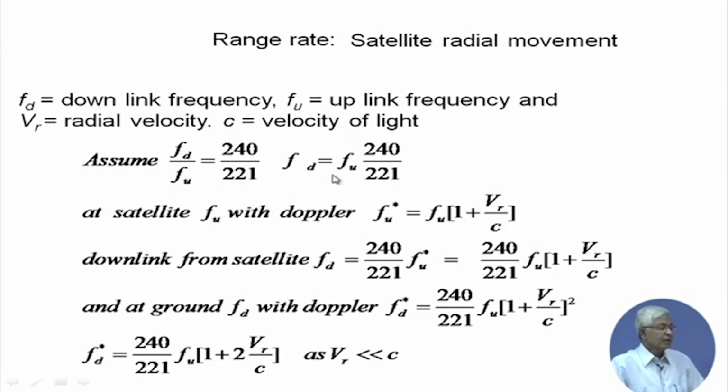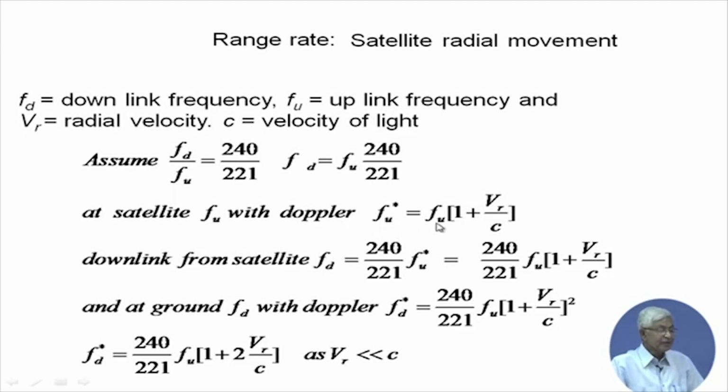So, simply from this expression we can find out the downlink frequency is the uplink frequency multiplied by the factor 240 by 221. Okay. Now, when I do an uplink, the satellite is moving. So, the uplink frequency will have a Doppler. That Doppler frequency, let us term it FU star.